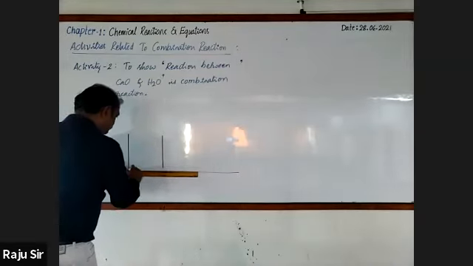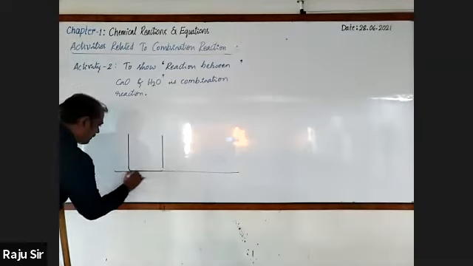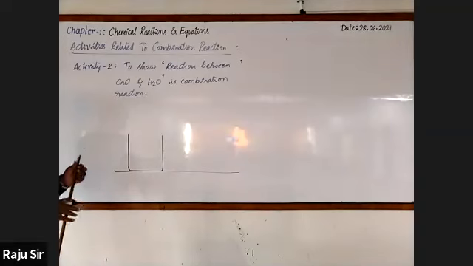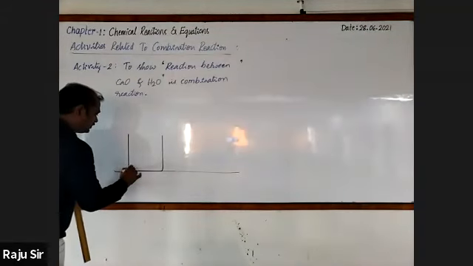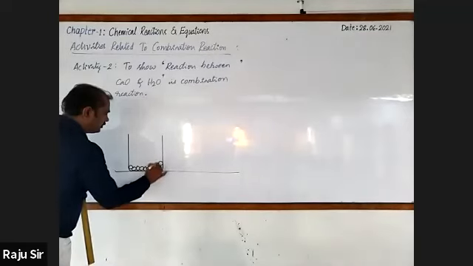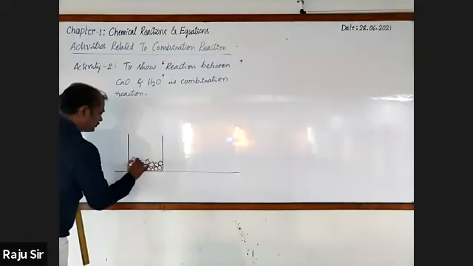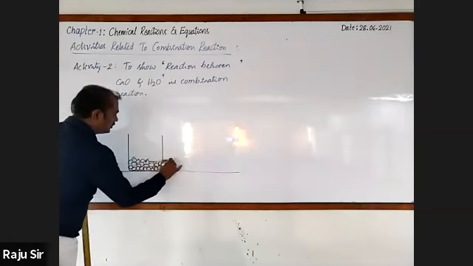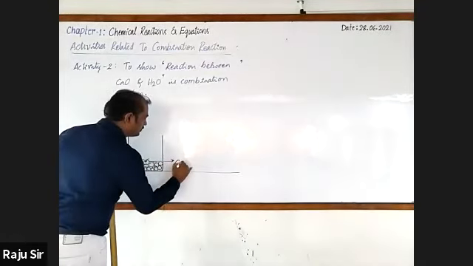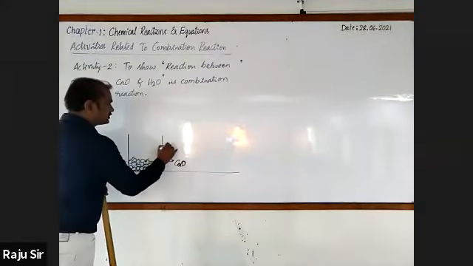If you go on drawing with me, it will be easy to complete. In this beaker, we have taken some crystals of calcium oxide. These are calcium oxide crystals, and this is the beaker.